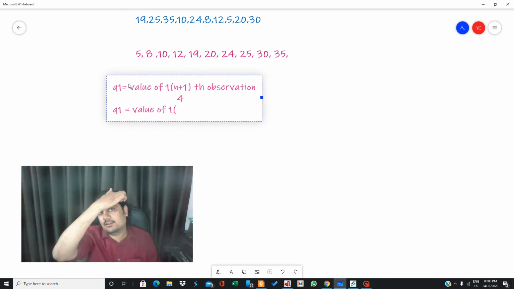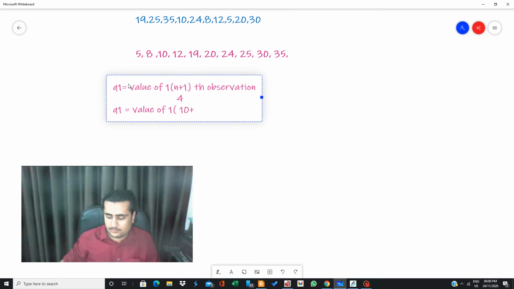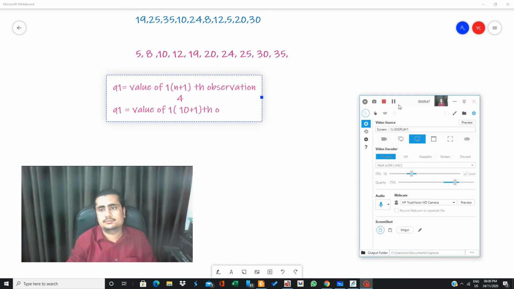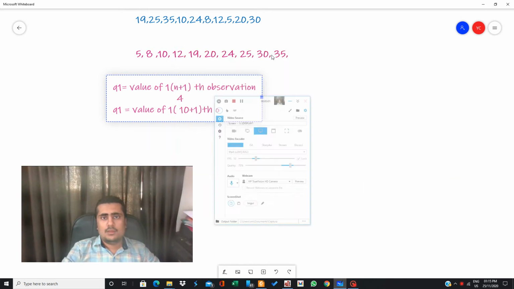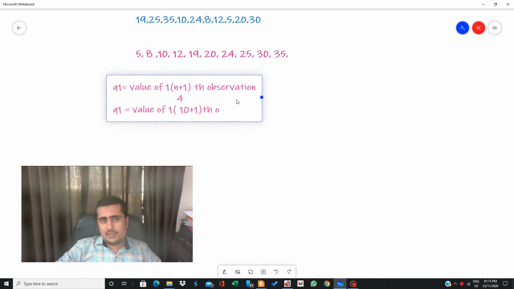N is 10, so Q1 is equal to value of 1 into 10 plus 1 upon fourth observation.